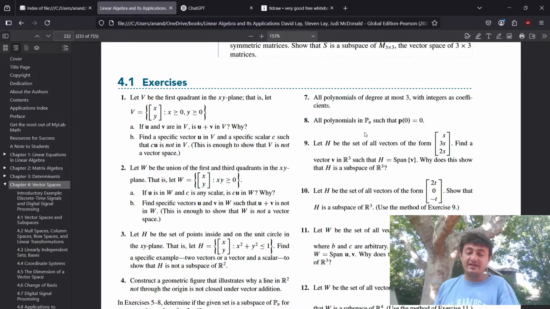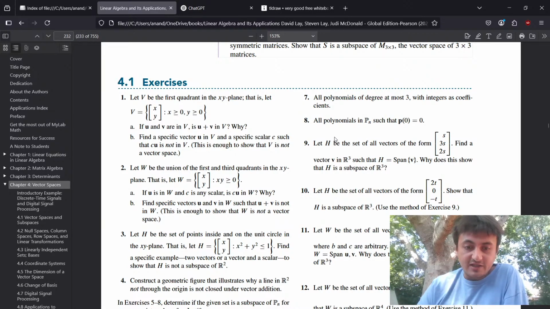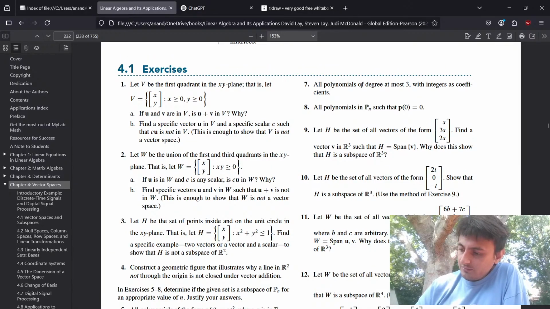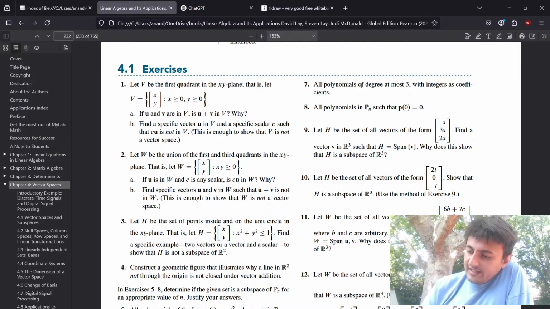That means that the constant term just has to be 0. So we're going to get P of t is equal to a1 t plus a2 t squared, dot dot dot, an t to the n.